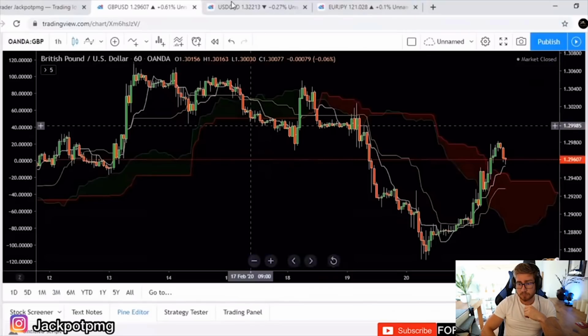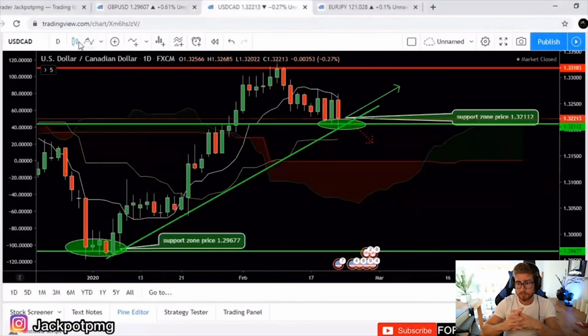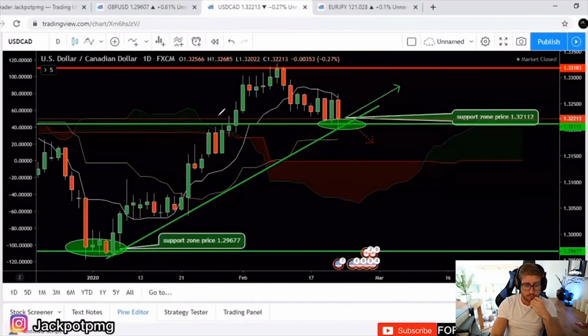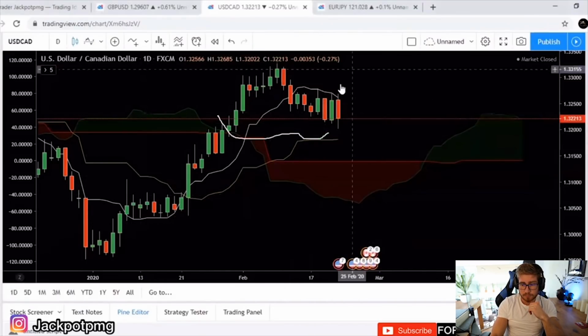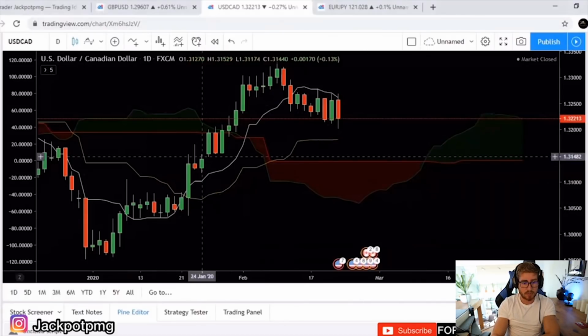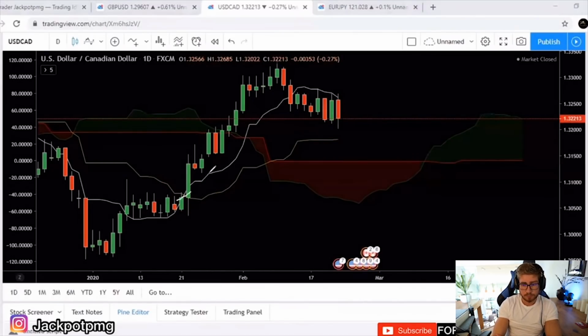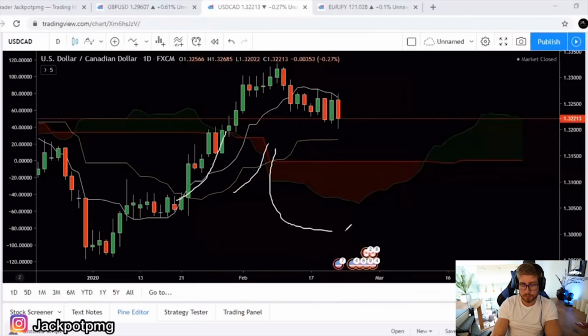Okay, next, USD CAD. On the daily time frame, the reason why I think price is going to buy is because it's fully above the cloud. Let's hide the analysis so it doesn't create much noise. Here we could see price is fully above the Ichimoku cloud itself.